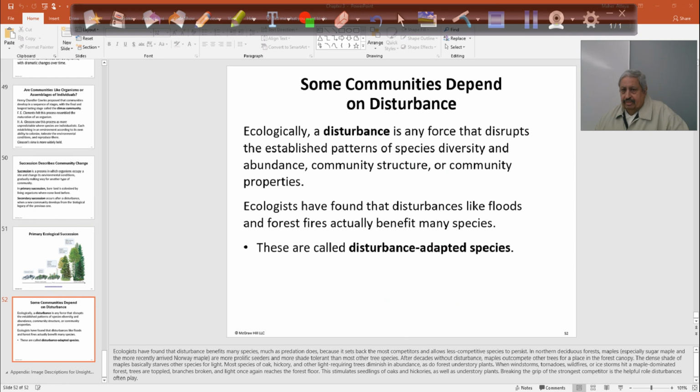Some communities depend on disturbance. Well, I told you that before. Whenever we have an earthquake, that might be a big catastrophe for humans, but for some species it is a very good opportunity, because they can come out of the soil, out of the rock, correct?